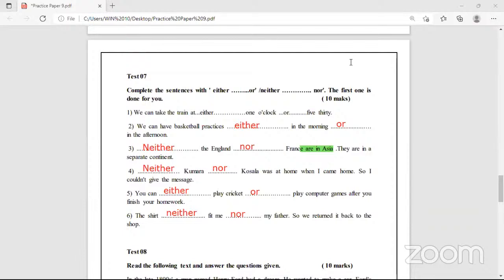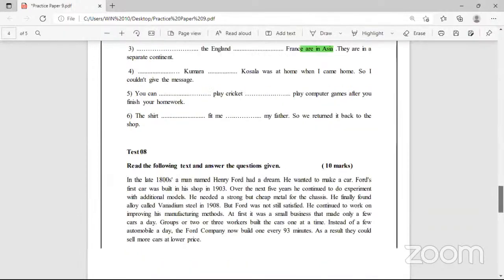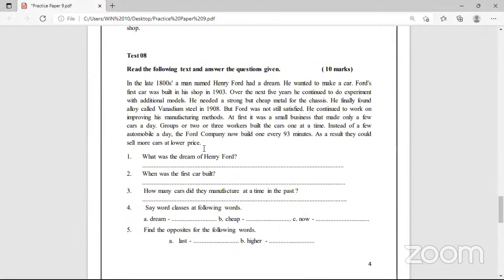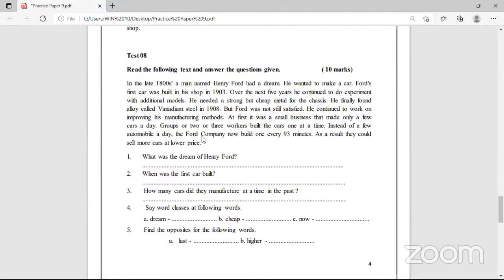So take a screenshot and you can refer to them later, right? But I will share this one and quickly discuss the answers for this question. Right, please listen to the text here.